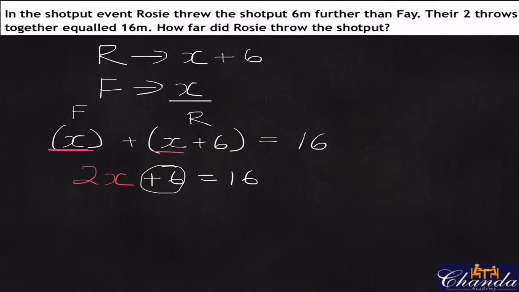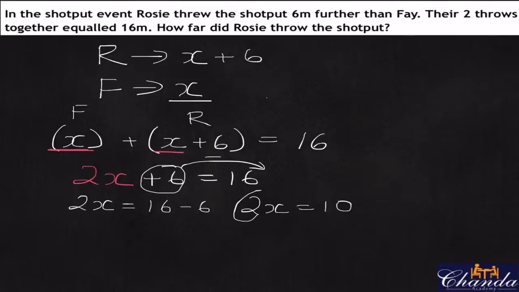So we take it to the other side and it becomes a takeaway. So that becomes 2x equals 16 take away 6, which is basically 10. So 2x equals 10. Then we take the 2 over to the other side and it becomes a division. So it becomes x equals 10 divided by 2. And 10 divided by 2 gives me 5.